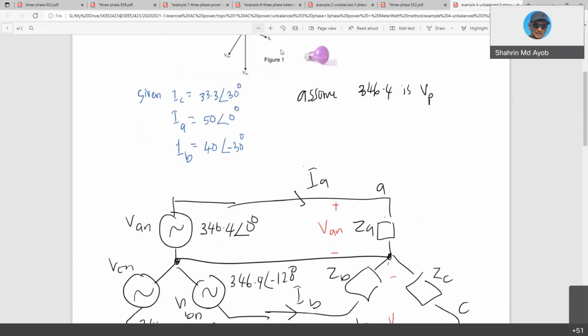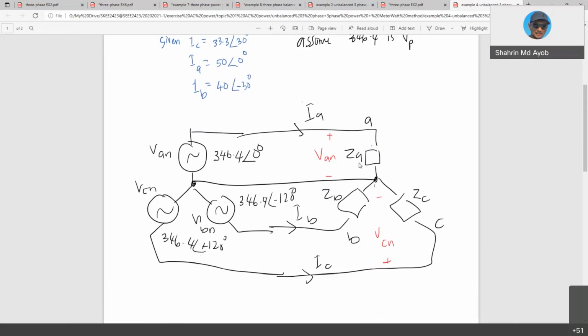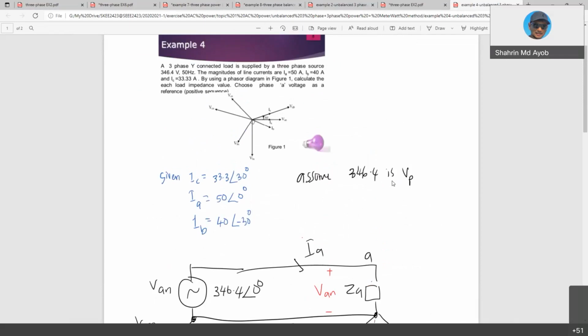As you can see here, to understand the question, I usually draw it. So this is actually a three-phase four-wire system.